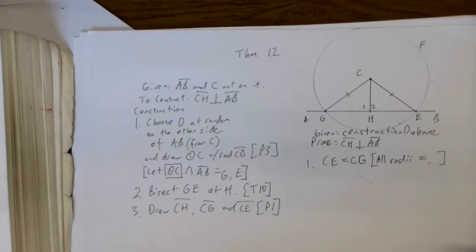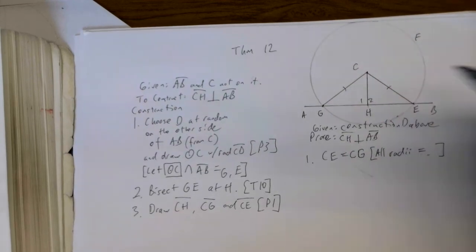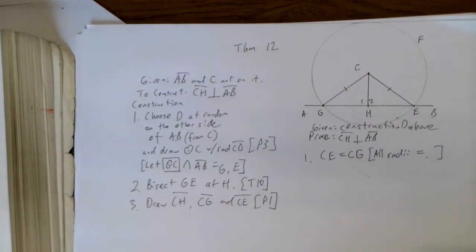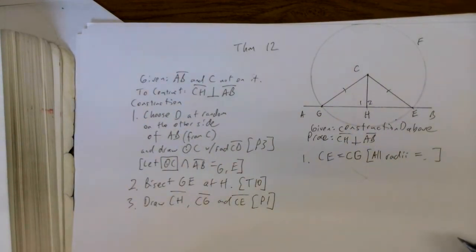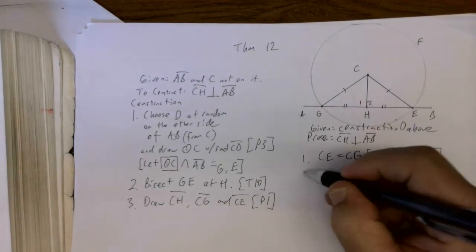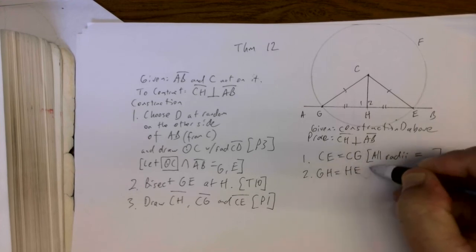What are two other things in these two triangles, either angles or sides, that we can prove are equal, Che? You are correct. GH is in fact equal to HE.